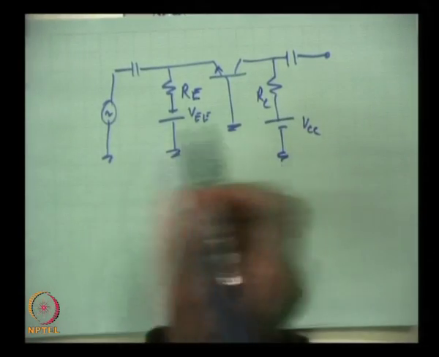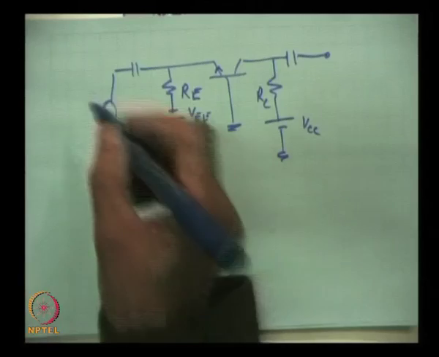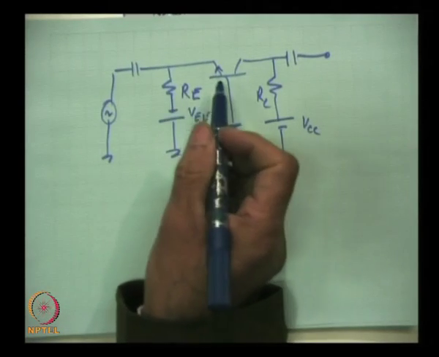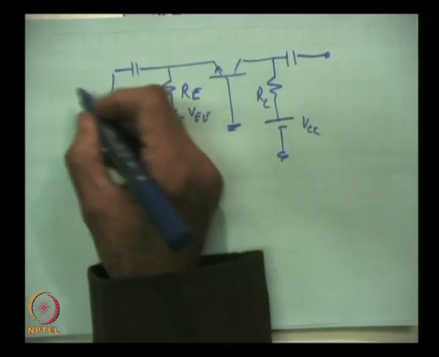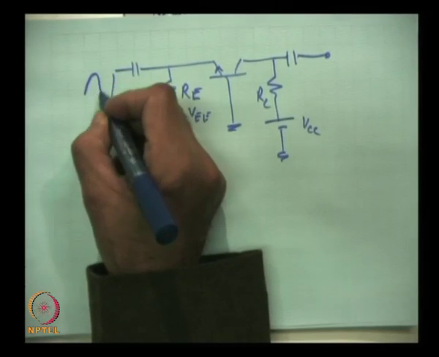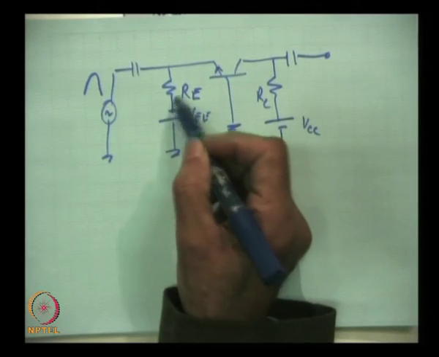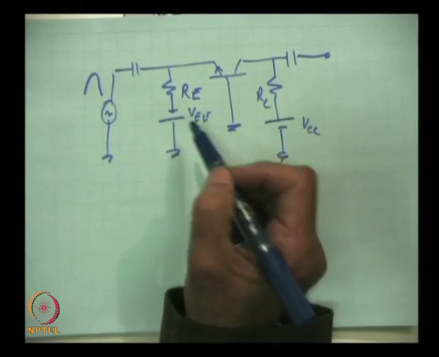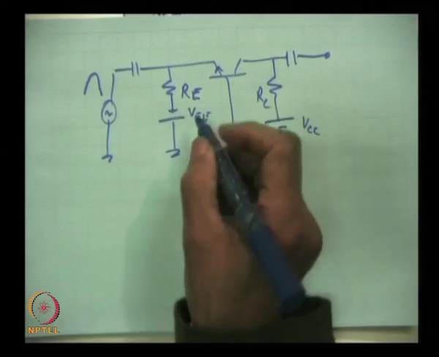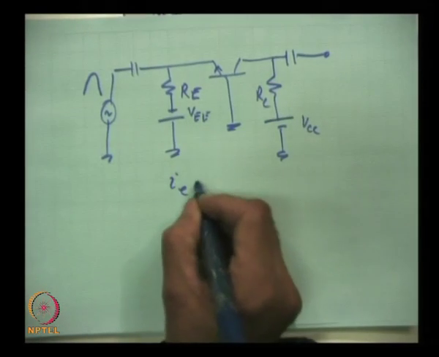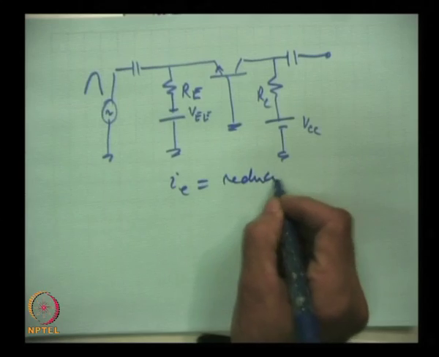Now, look here in this circuit, this contains AC and DC both. So, both currents will be there. Now, when this is positive, this will reduce this, and so I E will be reduced.